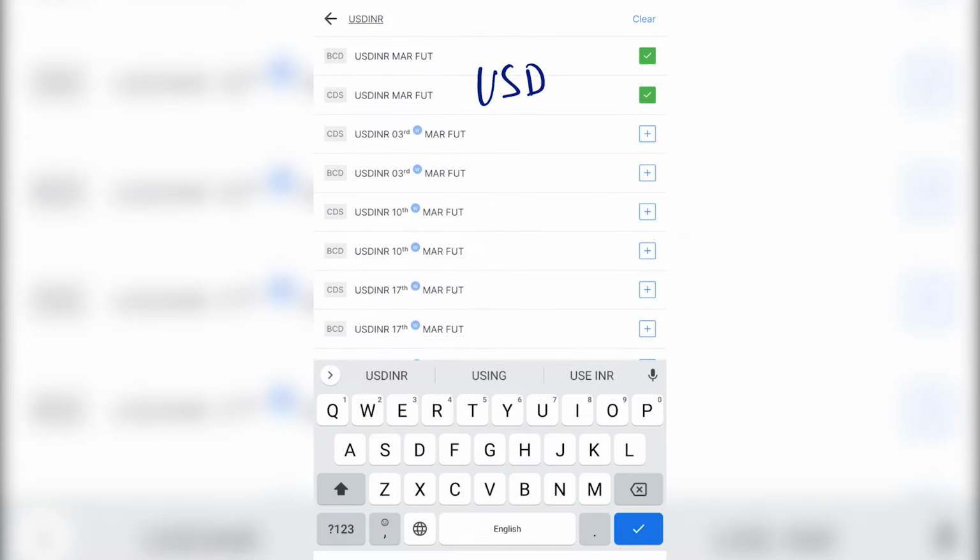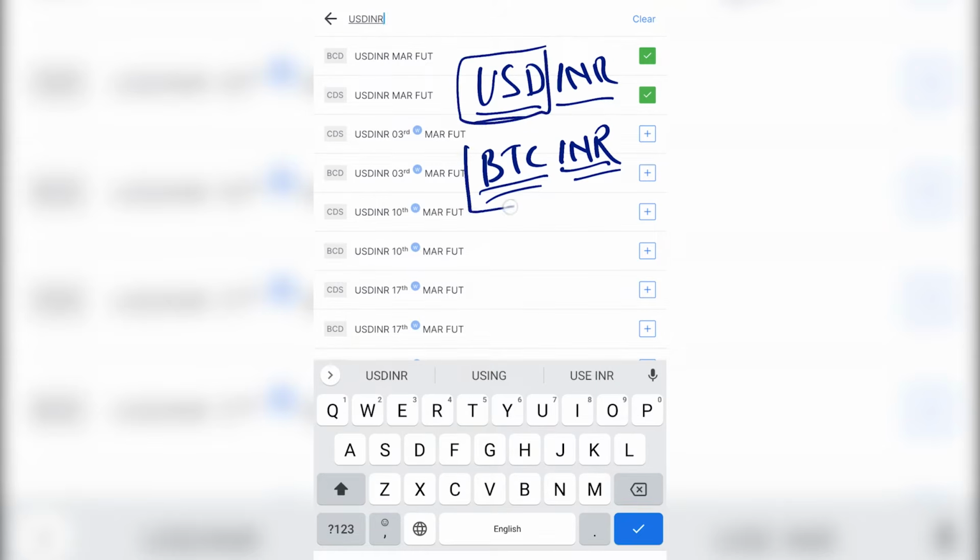Whenever you see a quotation for a currency in this format, there is a way to read it. It may also be a crypto pair. You will often see in crypto exchanges, they will say BTC INR, for example. This basically means whatever is your first currency in this pair, that is your base currency. And you are saying, how much of this second currency do I need to buy this?